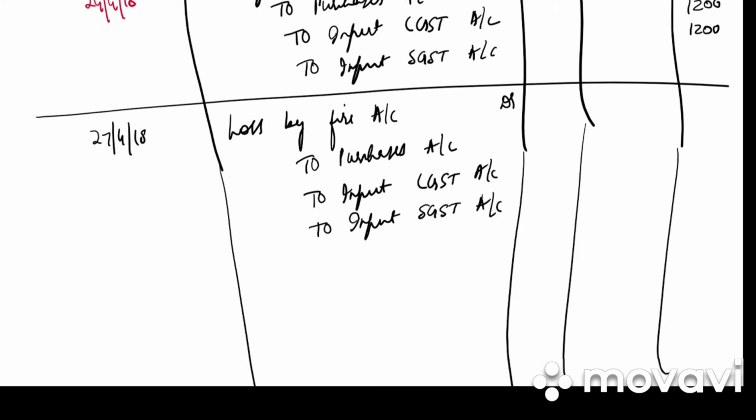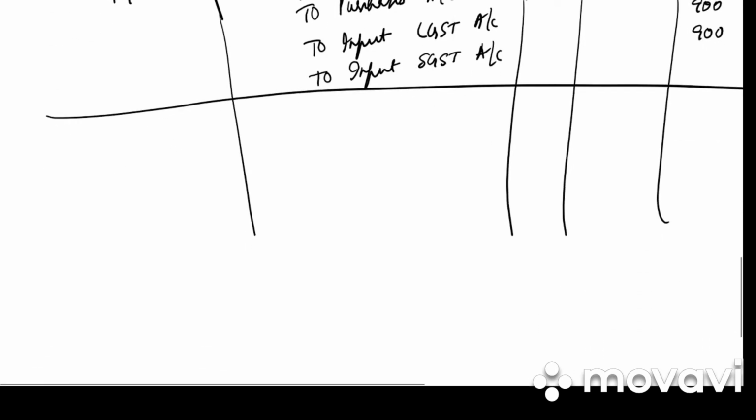So how much goods value was lost? 15,000. So you might be thinking, why am I not writing on loss by fire 15,000? Because जो value of goods थी वो 15,000 थी, उसके ऊपर जो tax था वो अलग था. So 15,000 into 6 by 100 we get 900 and 900. Total will be 16,800. Write the narration. Goods destroyed by fire.